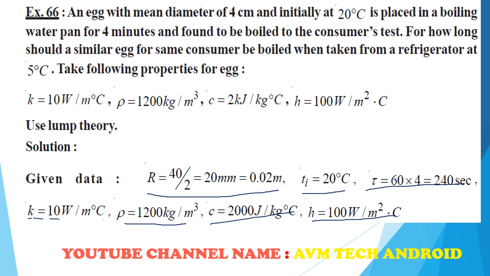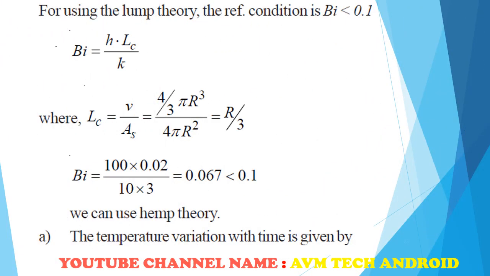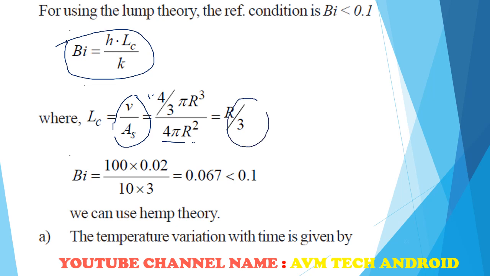So if we calculate the Biot number, even though it is not necessary because it is directly mentioned to go for lumped parameter analysis, how to calculate it? Characteristic length is volume divided by surface area, for the egg 4 by 3 pi r cube divided by 4 pi r square, so it is r by 3.